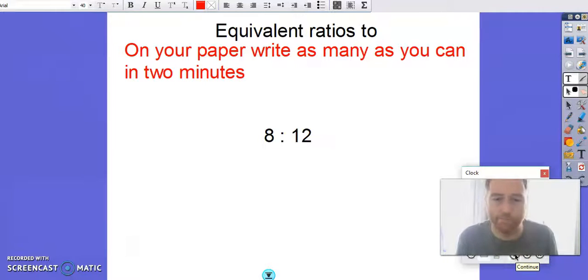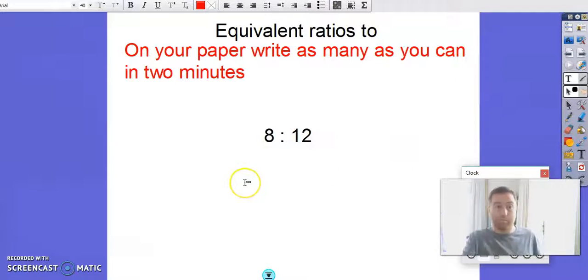Are you ready? Off you go. 2 minutes has begun. What can you divide by? What goes into 8 and 12? What can we multiply by?